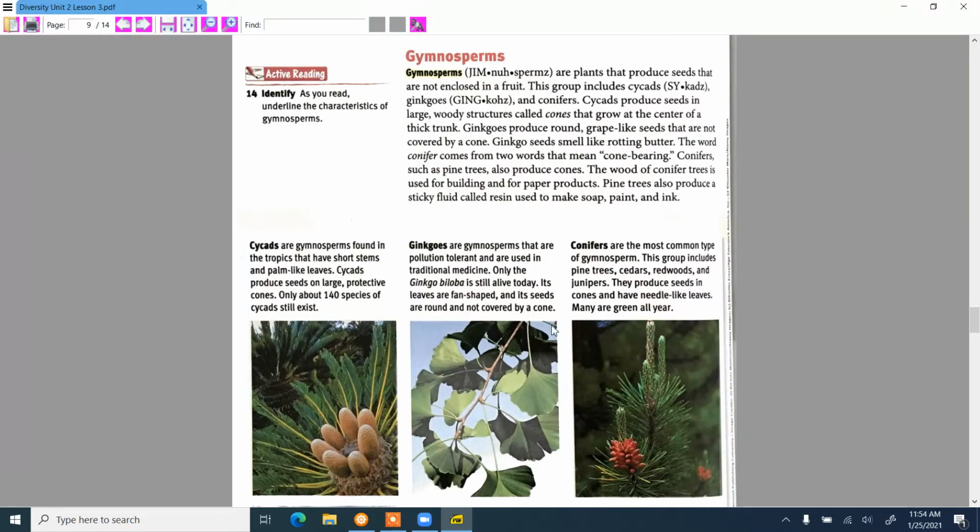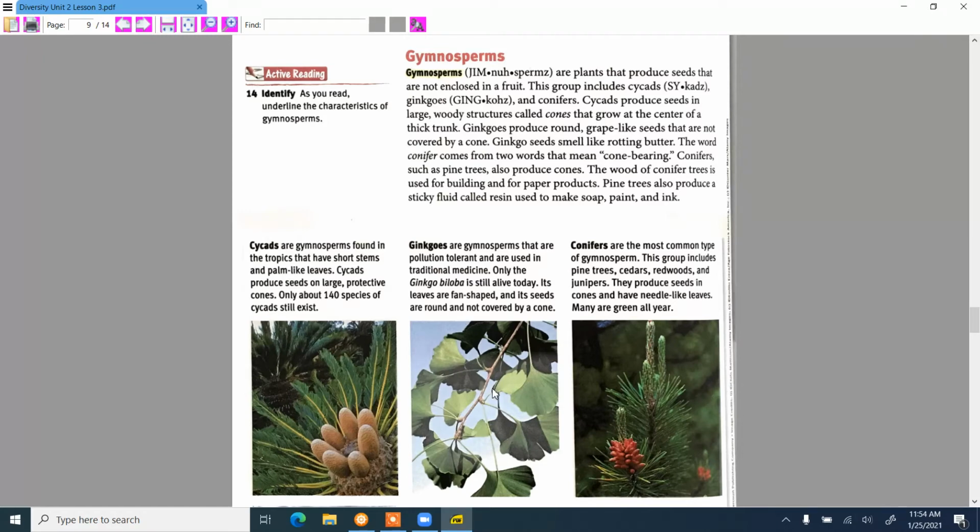The second type is called ginkgos. Only one species of ginkgo exists today. This is called Ginkgo biloba. Maybe you've heard of it. People use it for different kinds of medicinal properties. It has these leaves that are sort of fan-shaped, and its seeds are round, so they do not look like a cone.